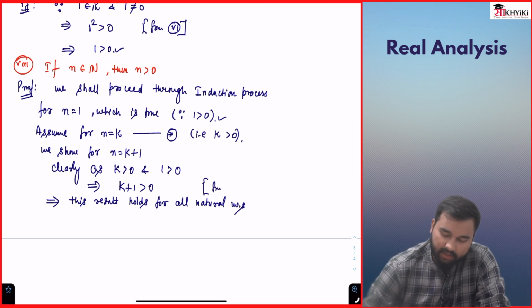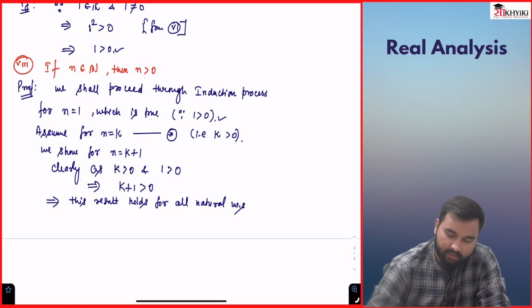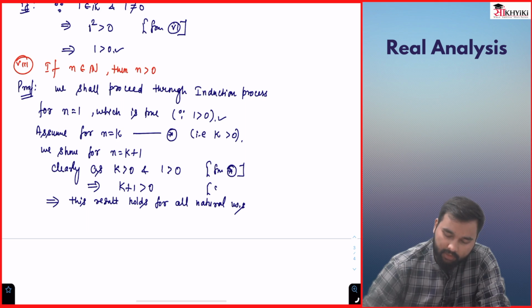K is greater than 0 from, yes, let's mention the result used here. K is greater than 0 from star. And यहाँ पे क्या यूज किया हमने? We use that sum of two positive real numbers is positive real.